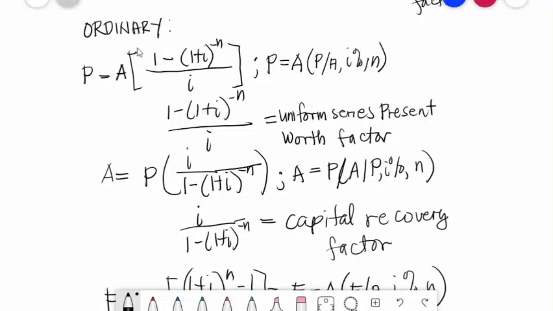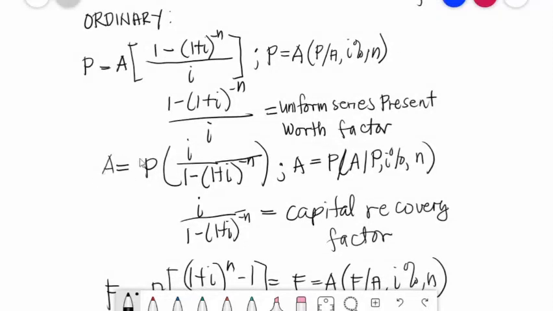And the bracket here is what we call the uniform series present worth factor. We can express this formula, so we don't have to write everything, as P is equal to A, P/A, i%, N.